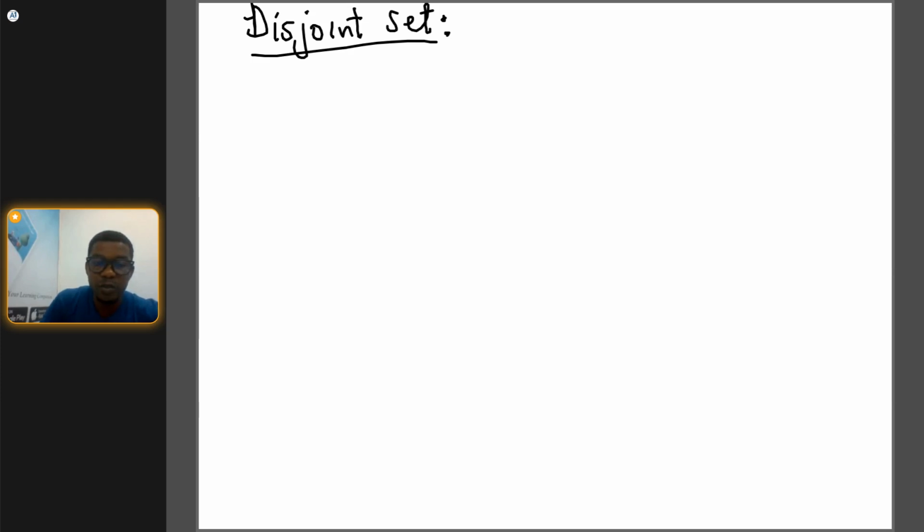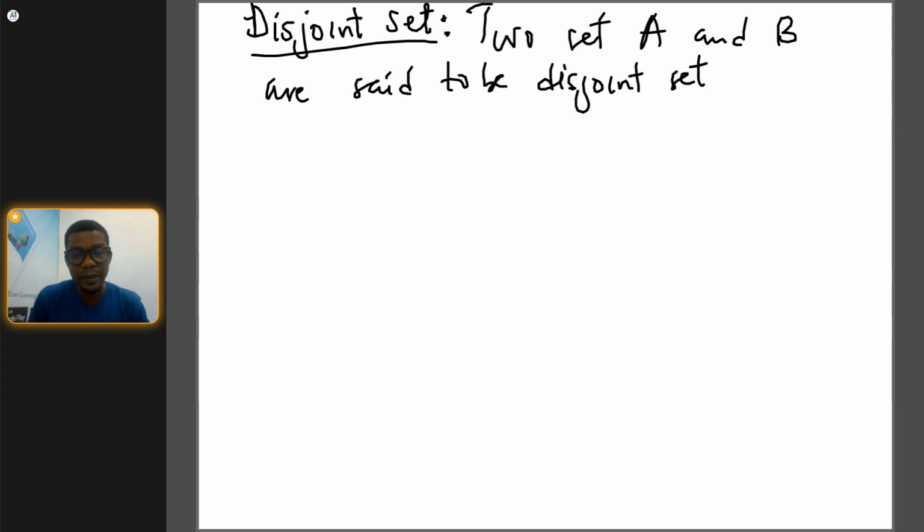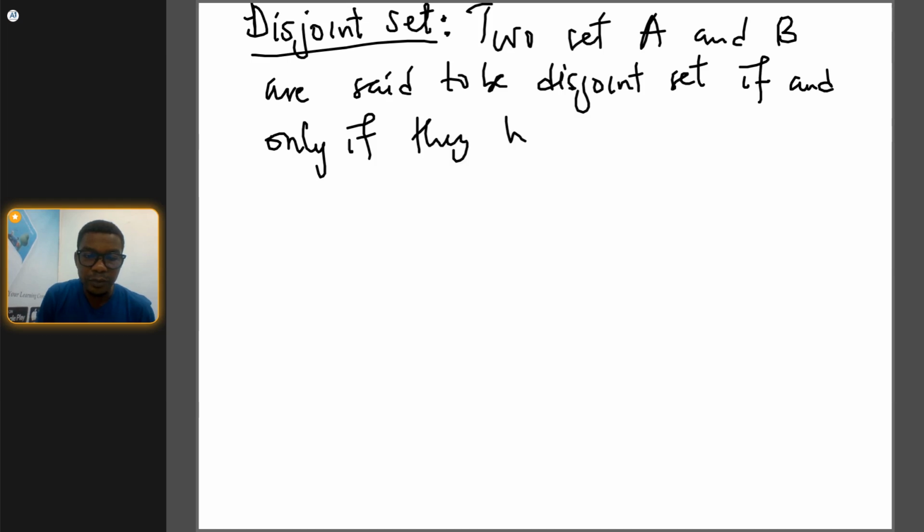Two sets, given A and B, are said to be a disjoint set if and only if they have no elements in common.